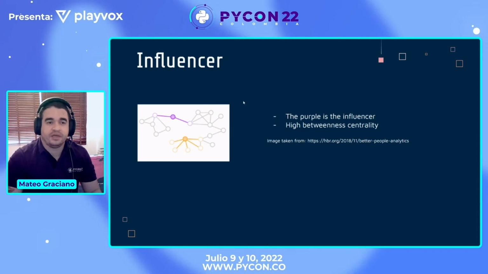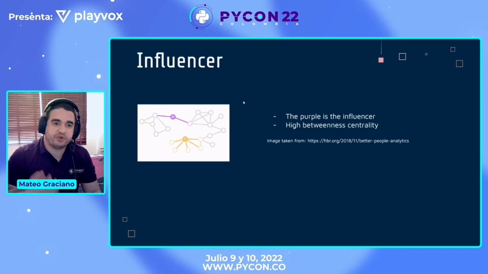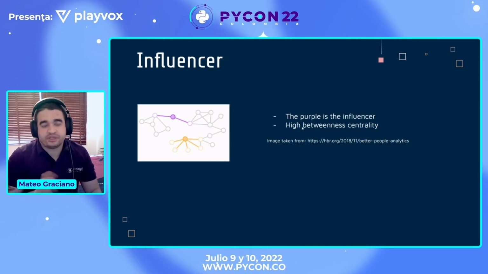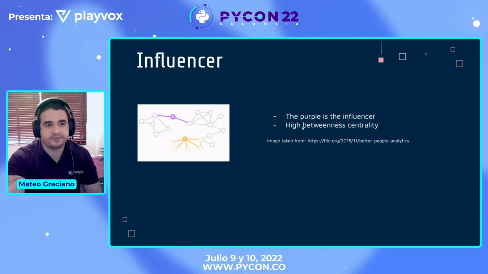So that's why that's pretty important. And again, how is that represented in terms of node metrics? High betweenness centrality. As simple as that. So I think that's it for this part.